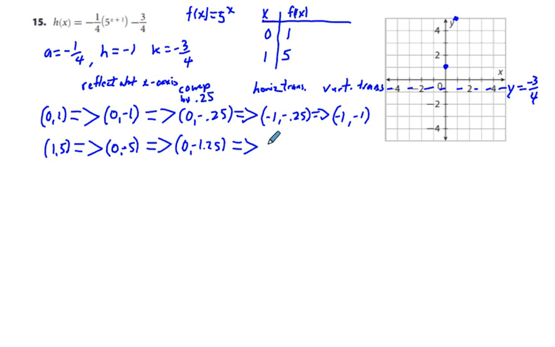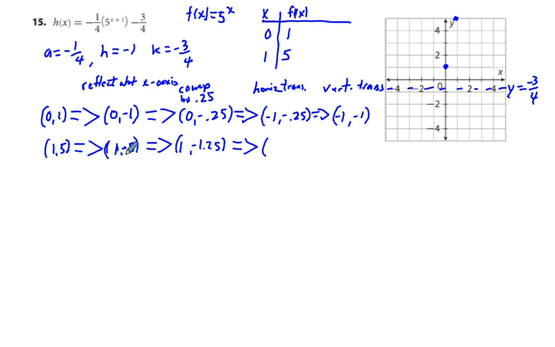Okay. And next, the horizontal translation. Oops, I need to fix my values here because the x values are supposed to be 1, right? We haven't changed the x values at all.